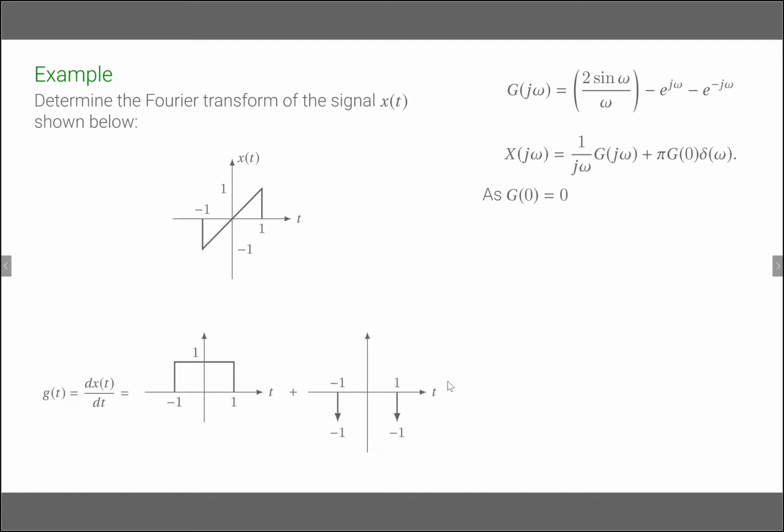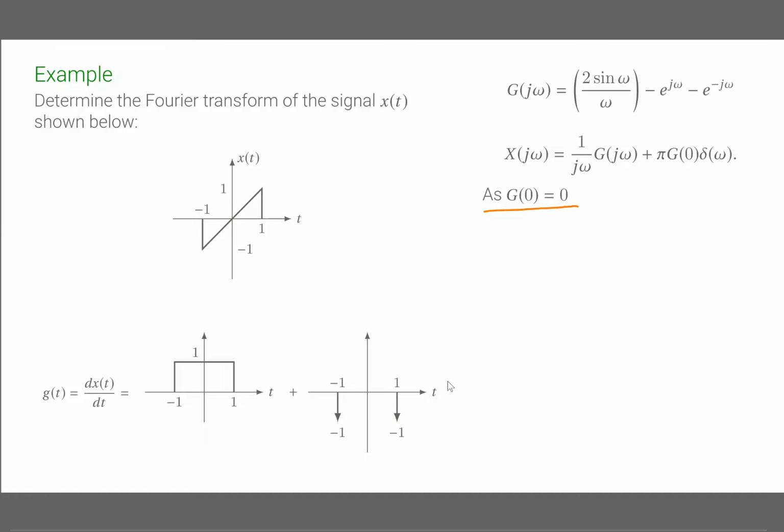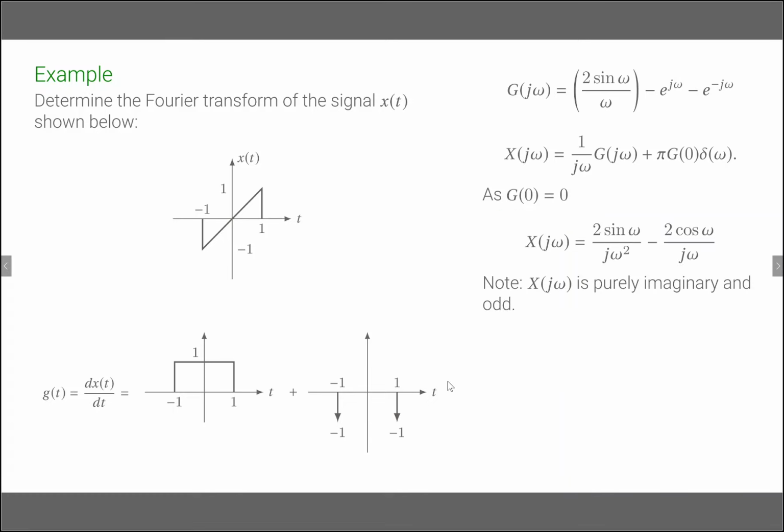And now X(j omega) is equal to 1 over j omega G(j omega) plus pi G(0) delta omega, using the integration property. As G(0) is equal to 0, we have X(j omega) is equal to 2 sin omega divided by (j omega) squared and 2 cos omega divided by j omega.